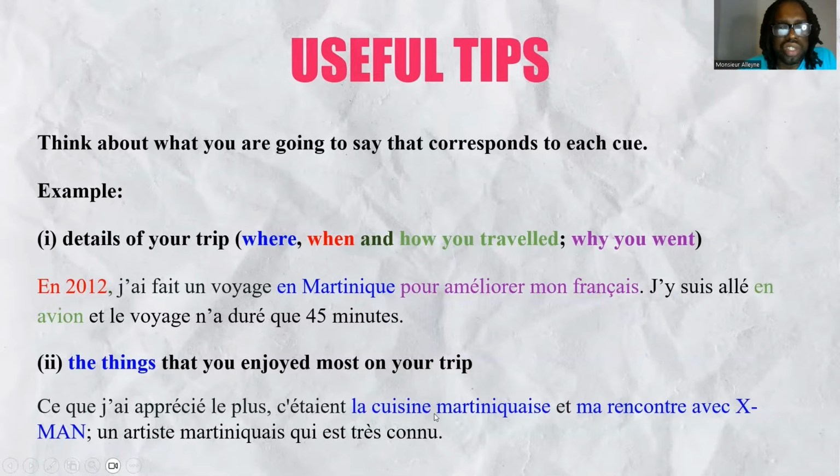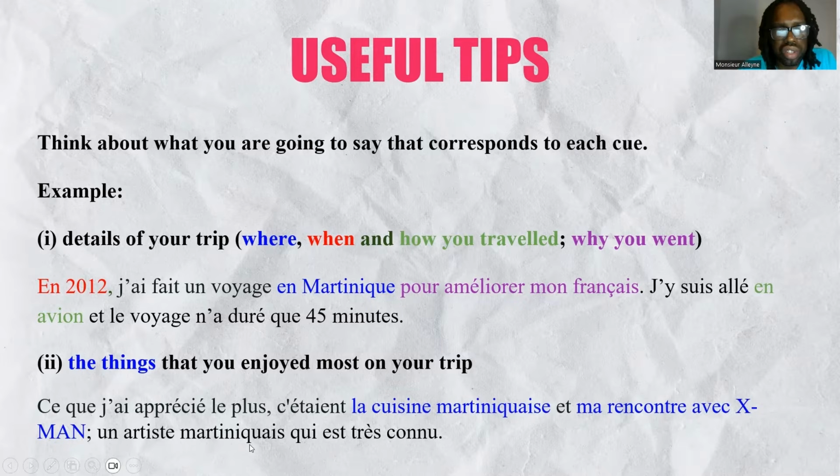C'était la cuisine martiniquaise et ma rencontre avec X-Man, un artiste martiniquais qui est très connu, right? And what that says is, what I enjoyed the most was Martinican cuisine and meeting X-Man, right?